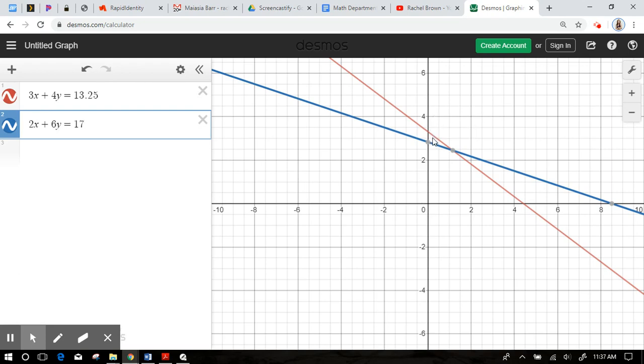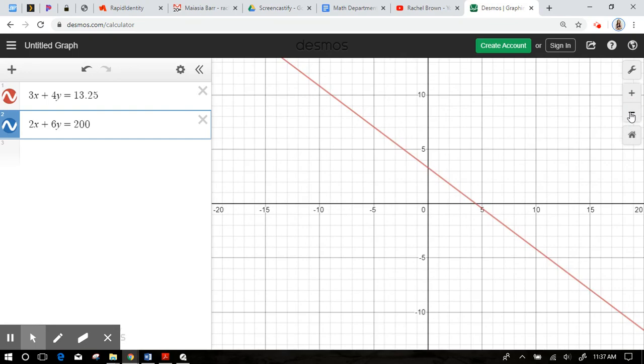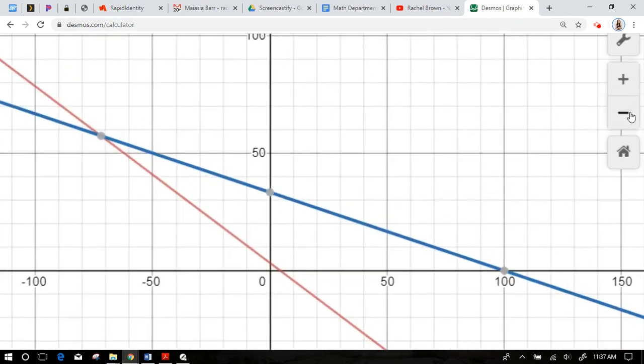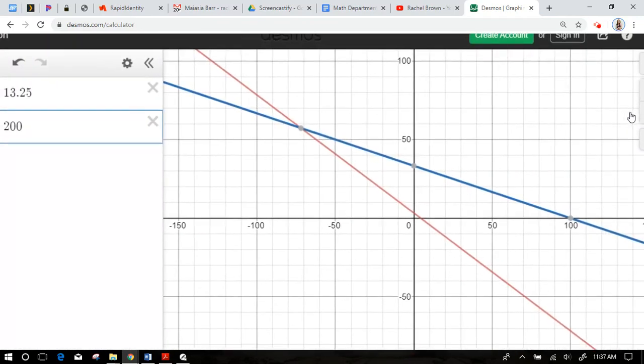Now, what would have happened if they actually crossed somewhere way outside of my graph? So I don't know, let me change this to something crazy like 200. And now you can see that the blue line has totally disappeared. If you zoom out, you can either use this button or you can use your touch pad on your computer, and you can zoom in and out.